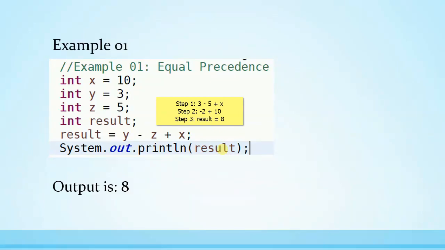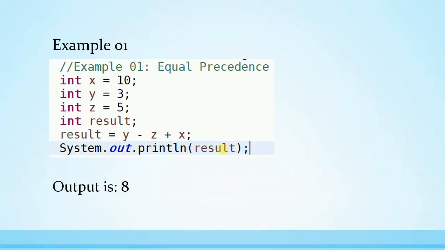Then the next operation comes into picture. So the next operand is 10. The previous result is minus 2. Minus 2 plus 10, which is 8. So that's why we are getting a result as 8 here. Output is 8.